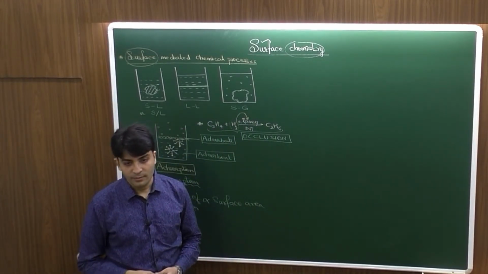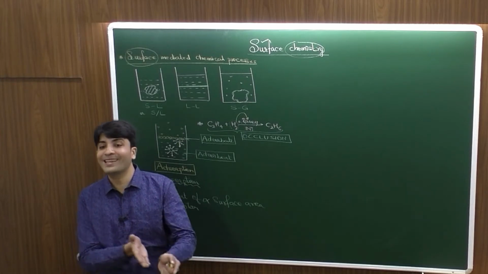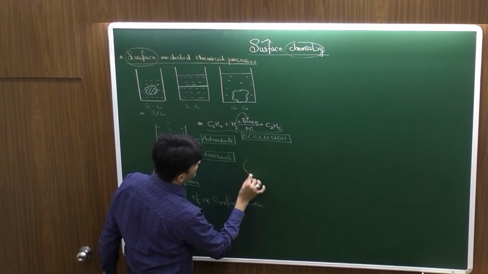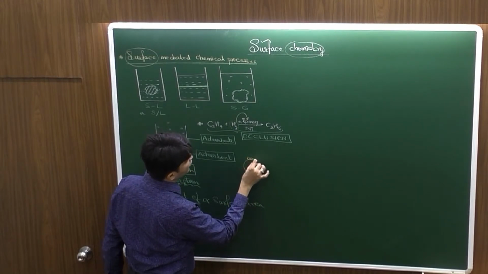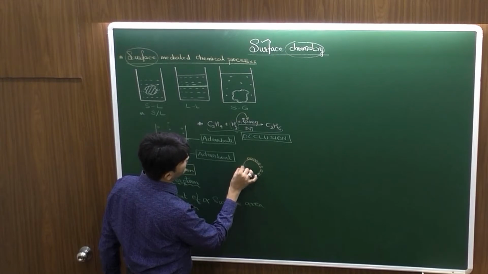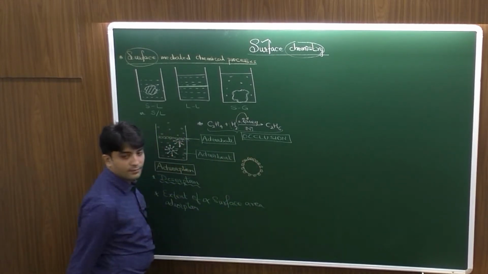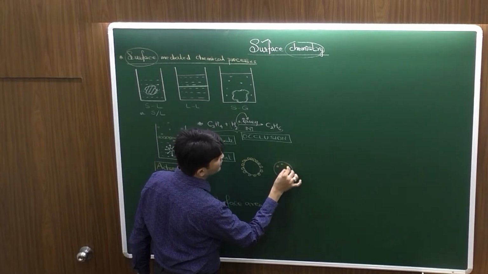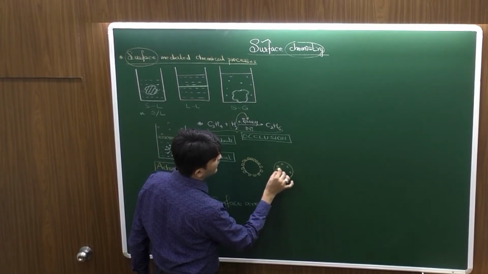Very good. One stays on the surface and the other goes inside the bulk. Diagrammatically, if I show you, then in adsorption the molecules are retained on the surface but do not enter the bulk, correct? But in case of absorption, the molecules would enter the bulk.